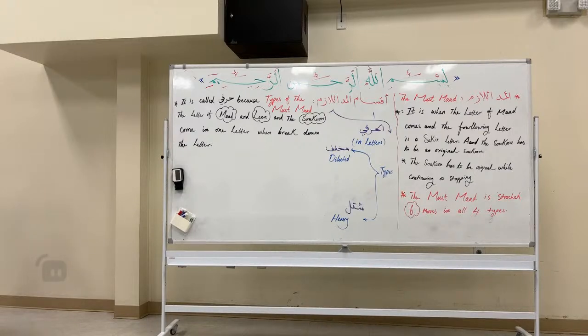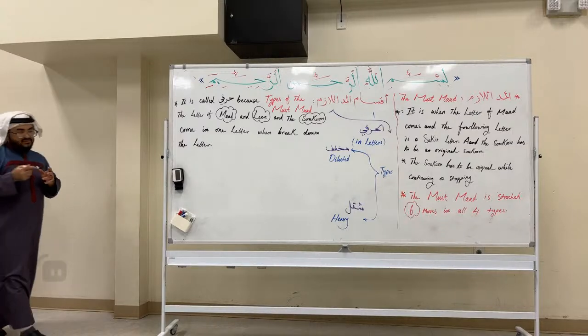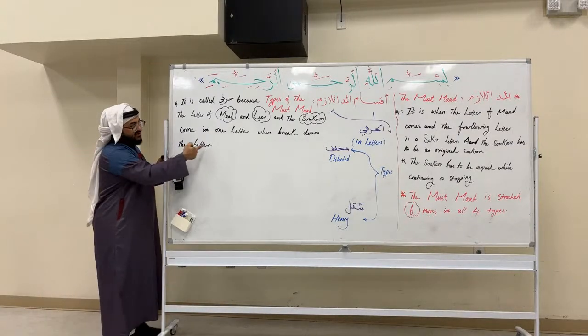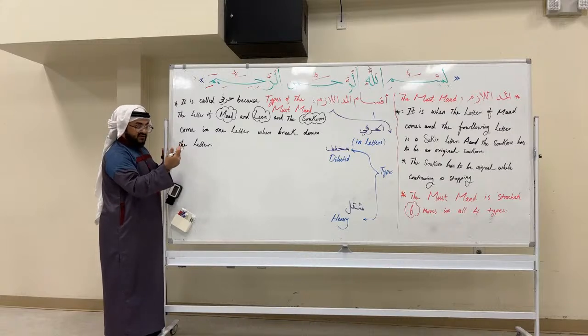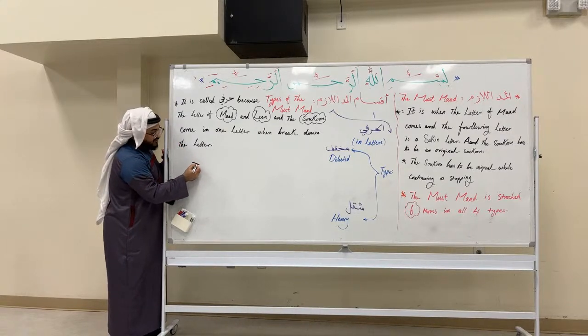It's a little bit tricky. I want you to focus on those three words. It is called harfi because the letter of mad, the lean and the sukoon come in one letter when we break down the letter. For example, what I mean by this sentence, watch, I'm going to explain it in detail.